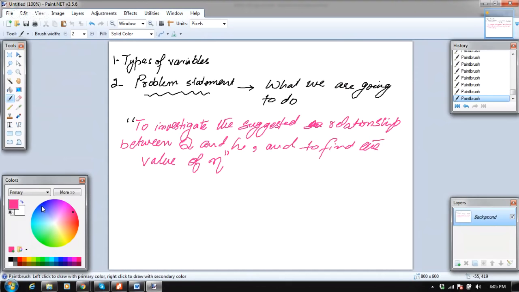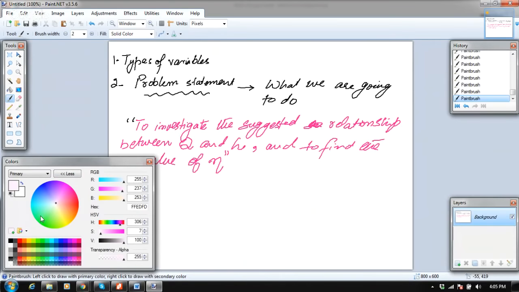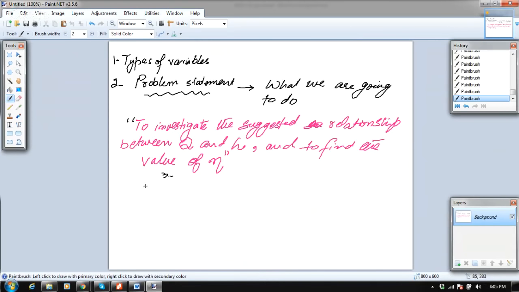Now the next, third step: the third heading is procedure and measurements. Here you write stepwise.